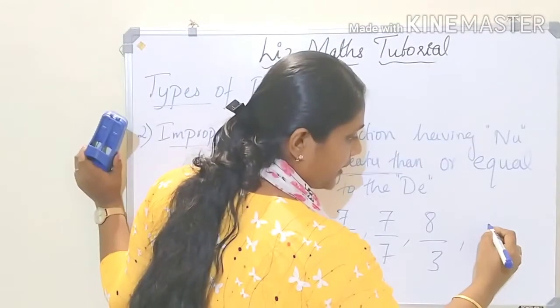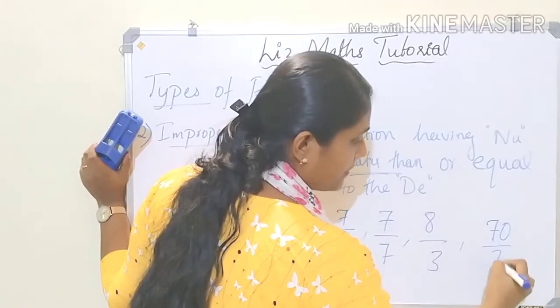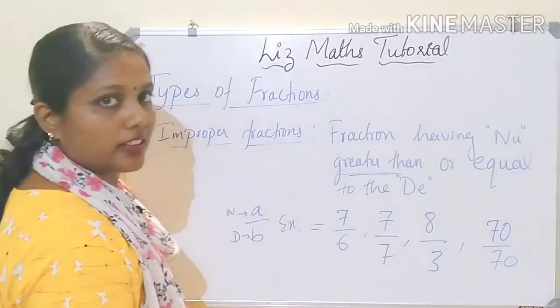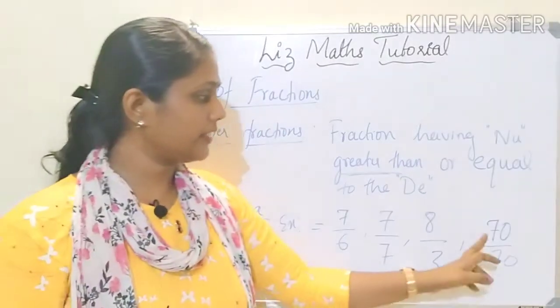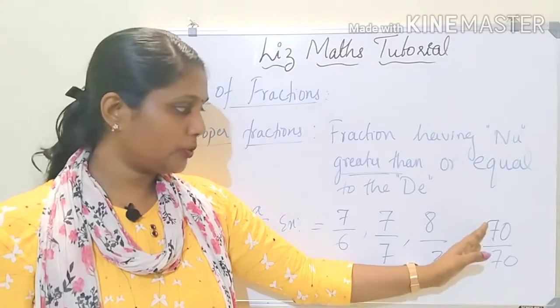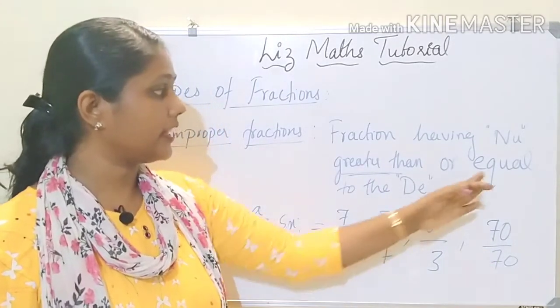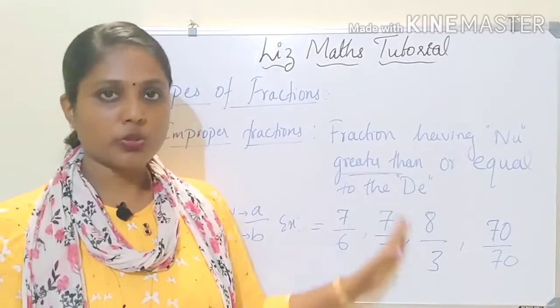Got it? You can write 70 divided by 70. Clear? So in these, the numerator is equal to the denominator. Here also the numerator is equal to the denominator. That is the one more condition, and that is also an improper fraction.